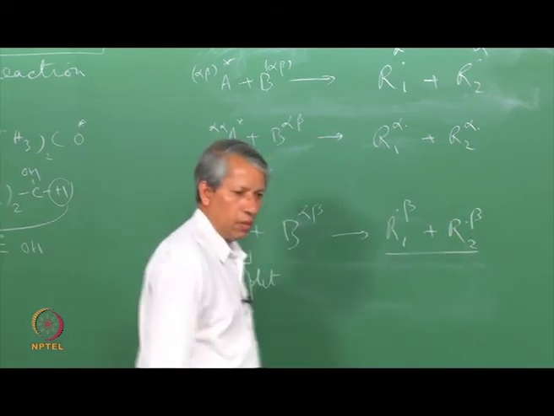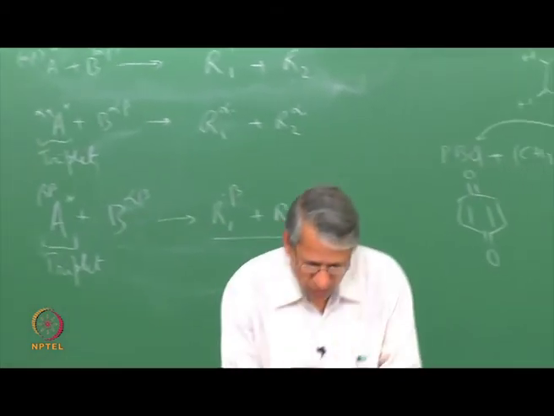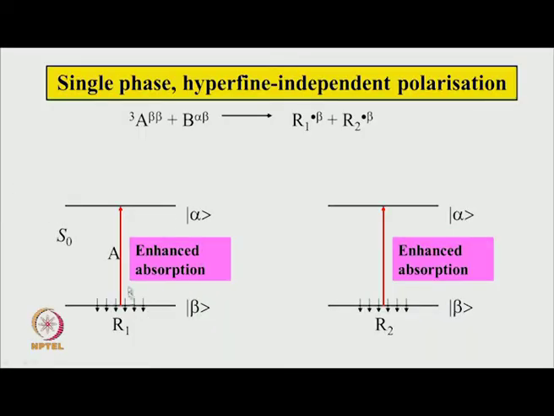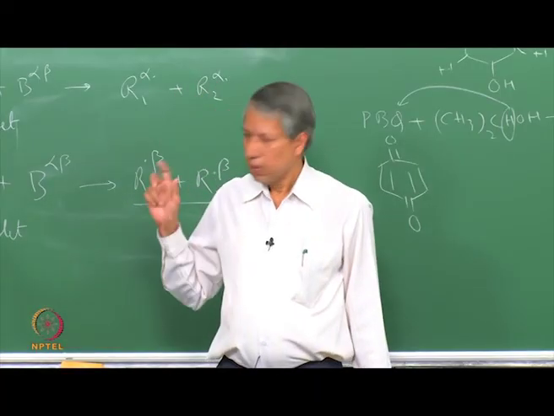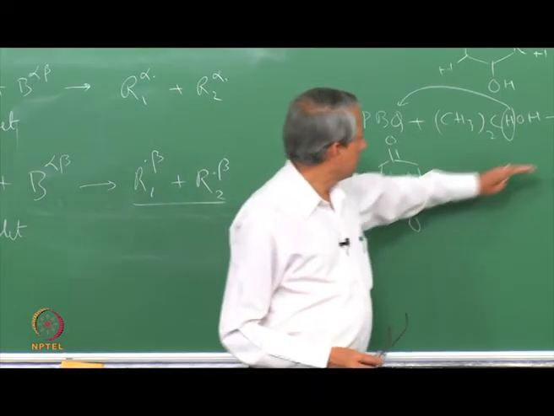So, this will give a polarization which will be seen in the form of an enhanced absorptive signal for radical A and radical B. So, this is the mechanism which must be taking place to produce a polarized signal in this case.